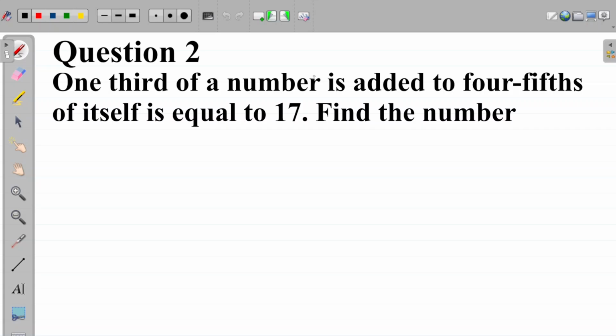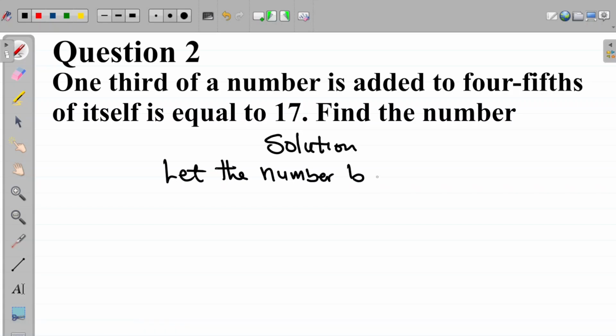Question 2 says, 1/3 of a number is added to 4/5 of itself is equal to 17. Find the number. Now, we assign the number to be a variable. So we have that let the number be y.